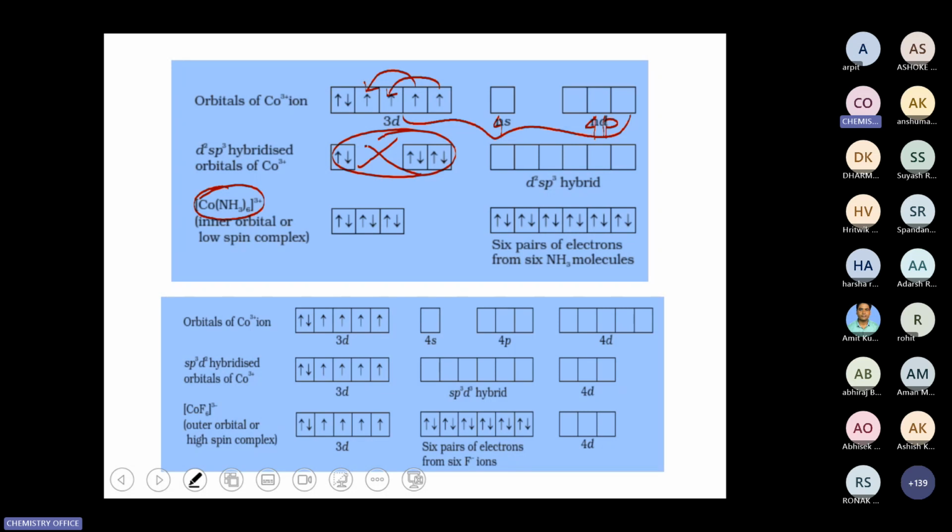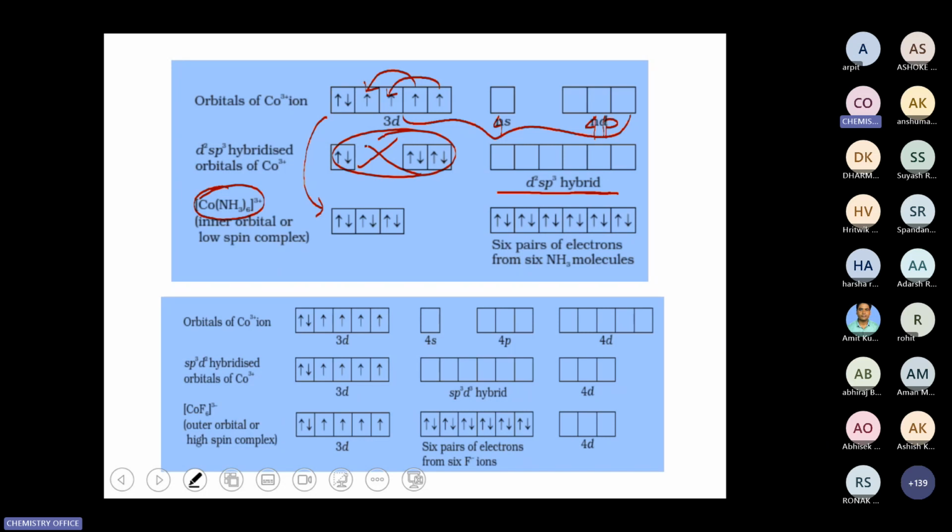Because ammonia is a strong field ligand, it has the capacity to pair up the unpaired electrons in the 3d orbital. These are the paired up electrons. Now you find the d2sp3 hybridization, and 6 vacant orbitals where 6 pairs of electrons will come from the 6 ammonia molecules.